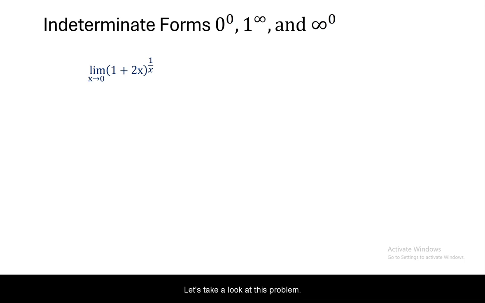Let's take a look at this problem. If you plug in 0 in this expression, you have basically 1 plus 0, 1 to the power of infinity, right? So it is one of the indeterminate forms.